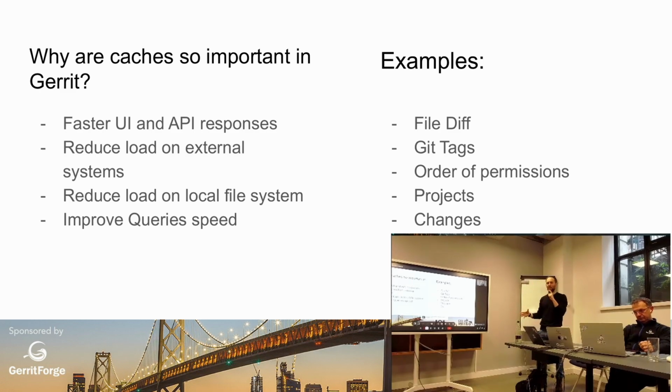Well, a lot of things. There are tens of caches in Gerrit. I could go on. They're all documented in the documentation, and plugins can contribute new ones. So they're extremely important, and if your cache is not performant, your Gerrit is not going to be performant. They even impact reindex operations, especially online. It's an extremely important component of Gerrit.